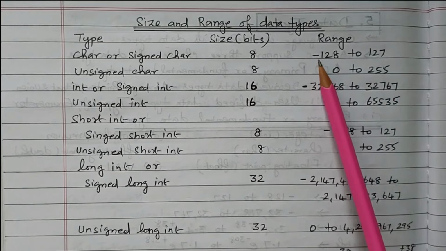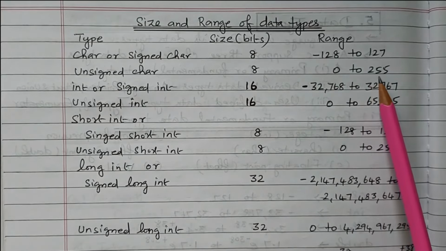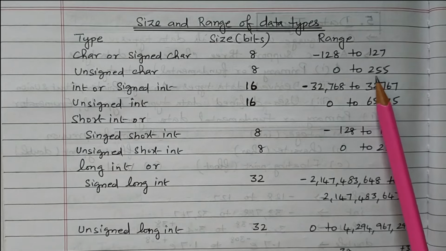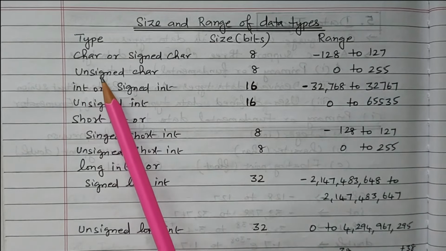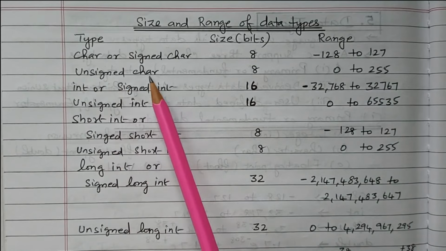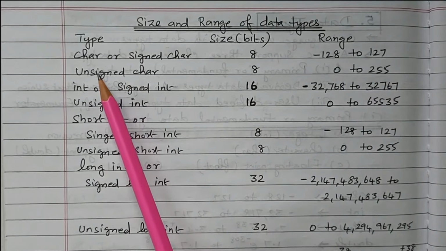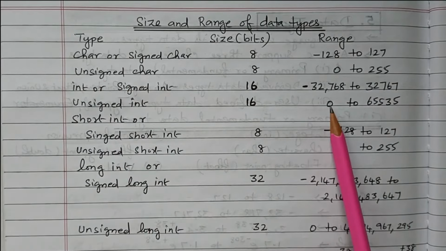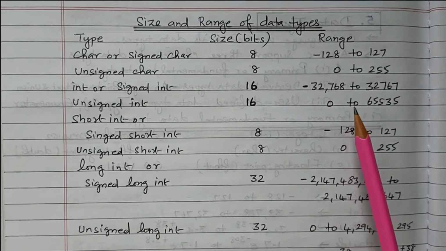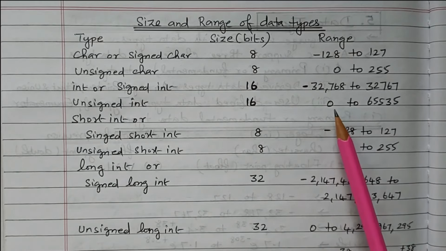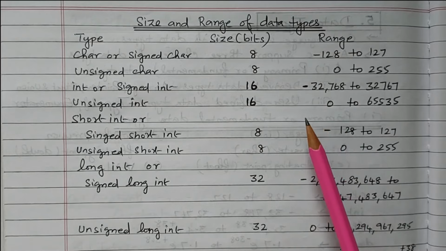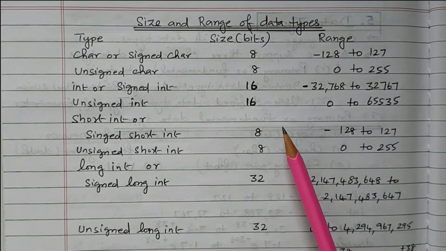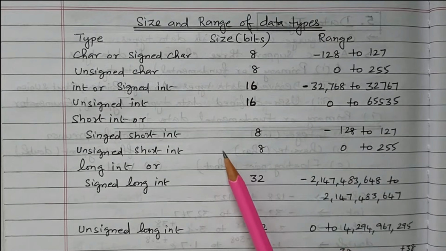So for unsigned the range will be more, we can store more range of data. Signed means it is split into half: half is used to represent negative, the other half to represent positive.